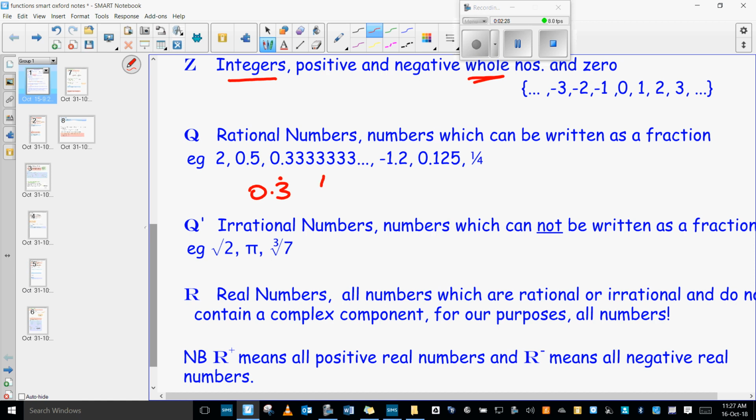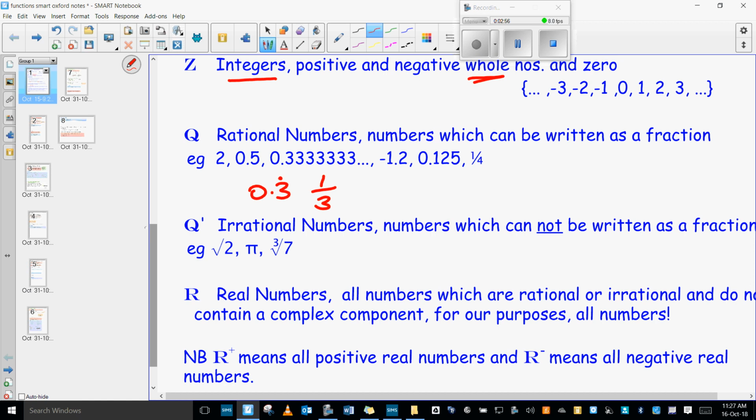Okay? Most numbers are rational. So if you're looking at something thinking, not sure, go with the rational option more than the irrational, okay? Irrational numbers are those special types. So things like pi, okay? You can never write that as a fraction. It's approximated to 22/7, but it's not exact.